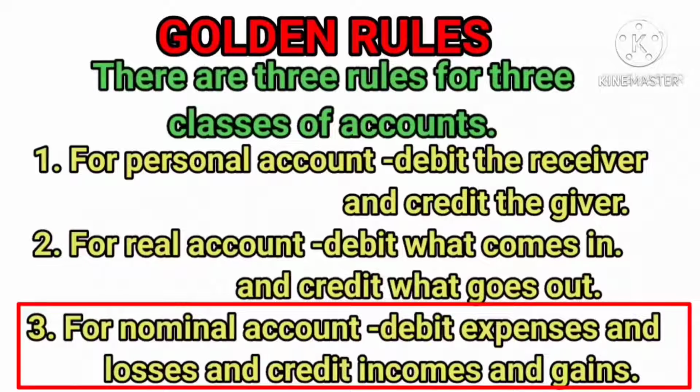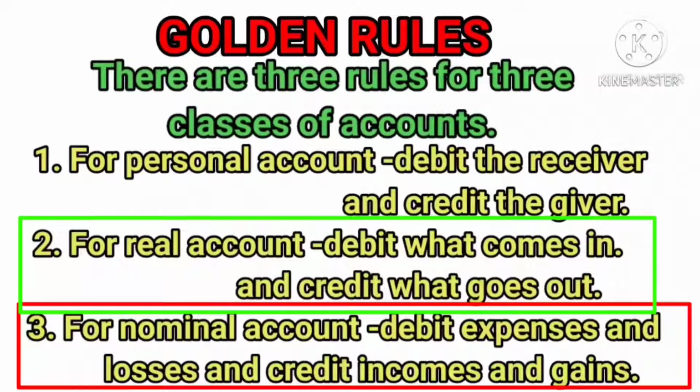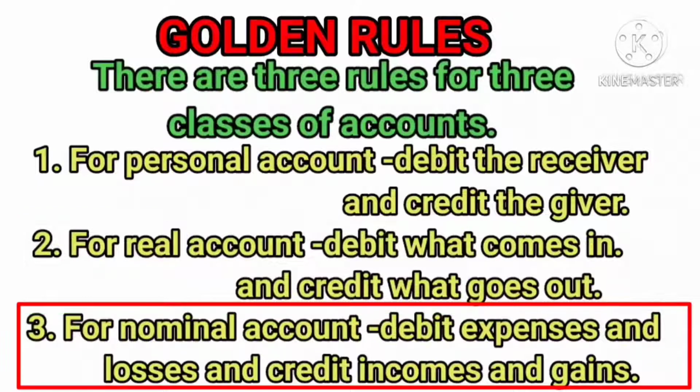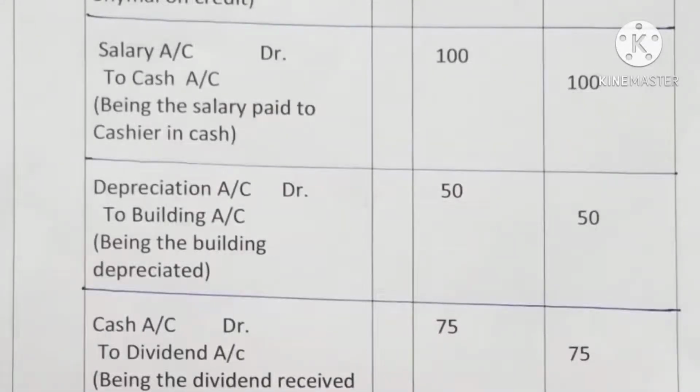As per golden rule, when the asset is going out, that will be credited. So we write in journal salary account debit rupees 100 and to cash account credit 100. Narration will be being the salary paid in cash.